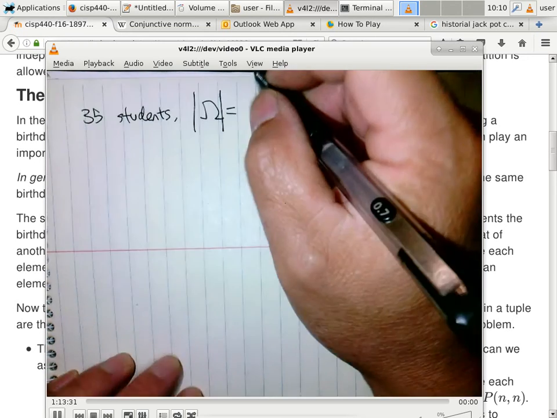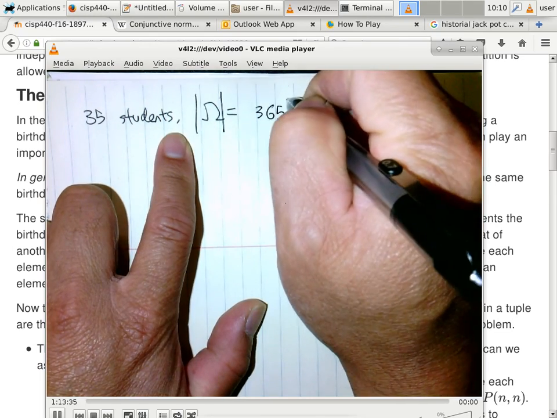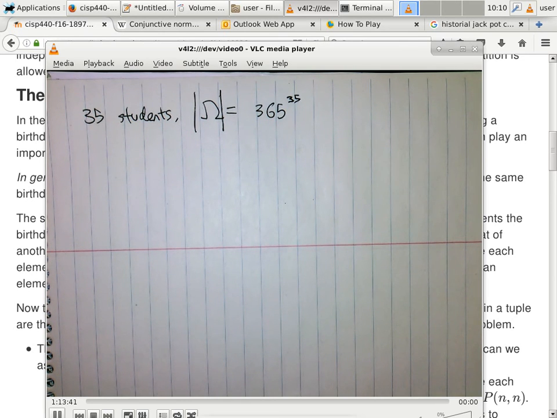So the cardinality in this case is 365 to the power of 35, because each person in the class has a choice out of 365. Now, only a subset of this is what I am interested in, but this is the baseline. Is that okay?